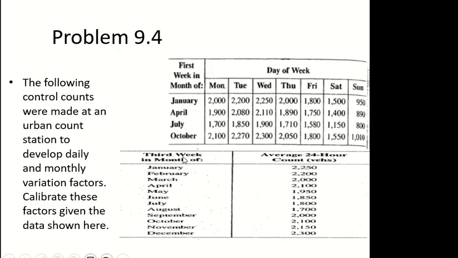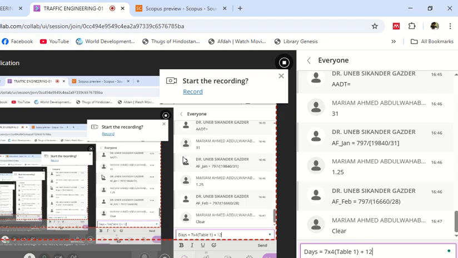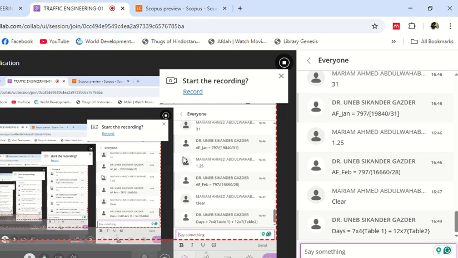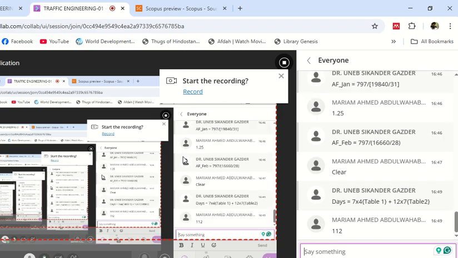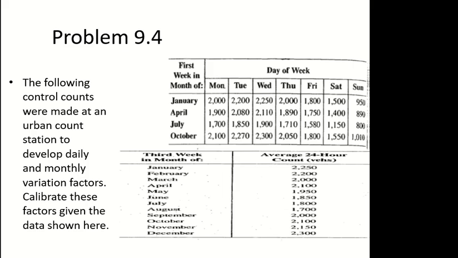So again 12 into 7. Okay, so this will give you the number of days in which the data was taken. So how much is that? Okay, the data is taken for 112 days.